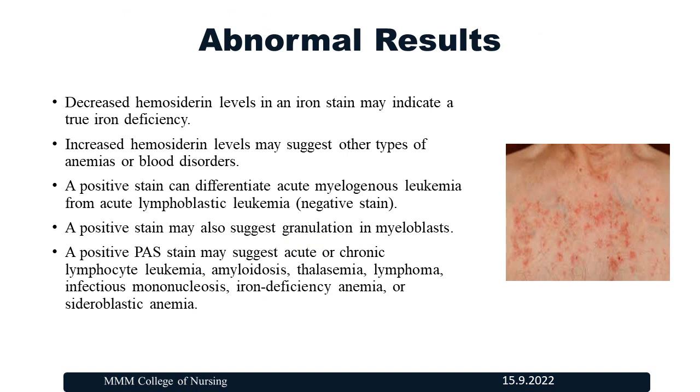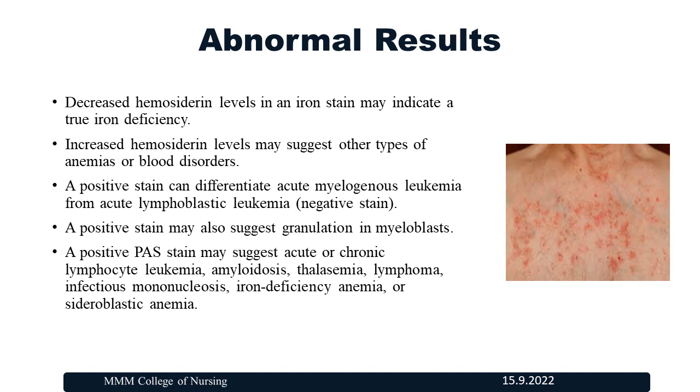Abnormal results: decreased hemosiderin levels in an iron stain may indicate a true iron deficiency. Increased hemosiderin levels may suggest other types of anemias or blood disorders. The positive stain can differentiate acute myelogenous leukemia from acute lymphoblastic leukemia.